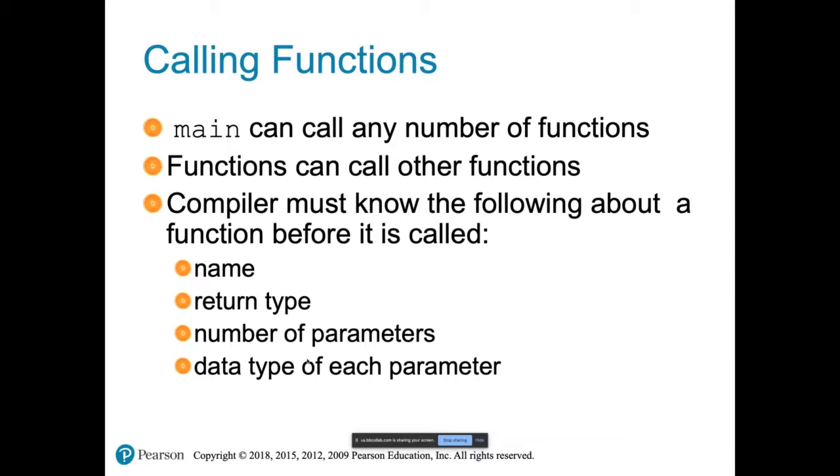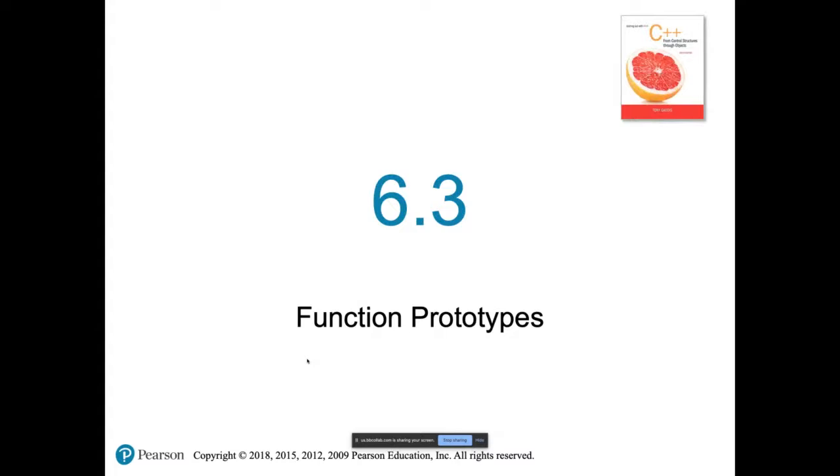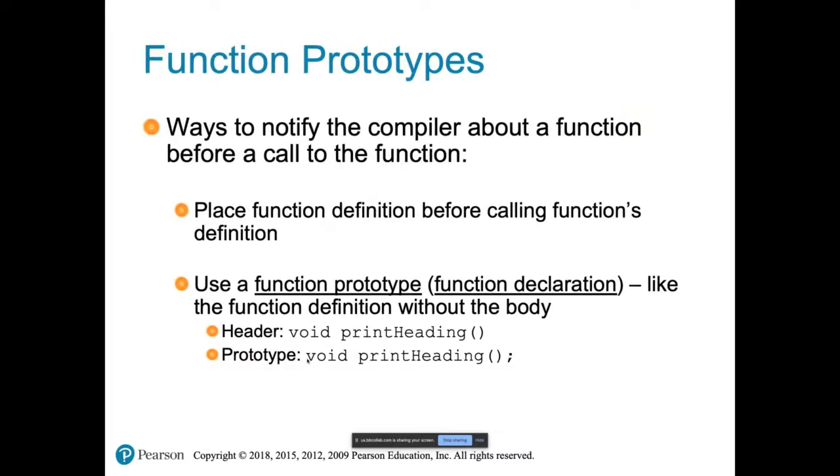Compilers must know the following about a function before it is called: the name, the return type, the number of parameters, and the data type of each parameter. If you do not have your function definition before main, remember, if you have it before main, you don't need a prototype.